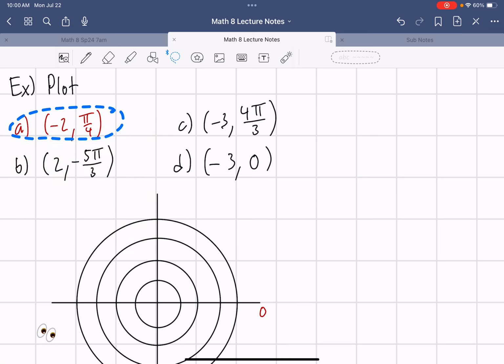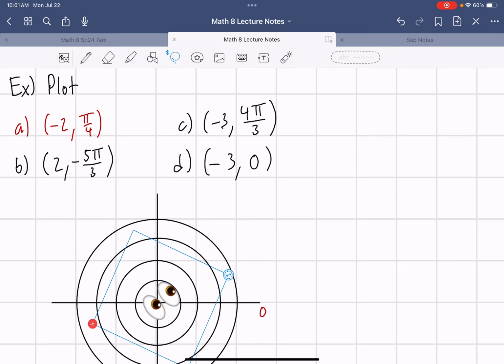Now, we'll start with A. So, like I said, I like doing my theta first, my radian. So again, we start by facing in the 0 direction, and then we have to rotate pi over 4, which we know is perfectly in that diagonal direction, right?